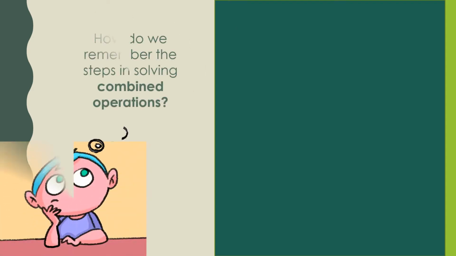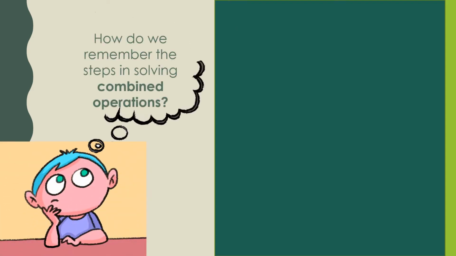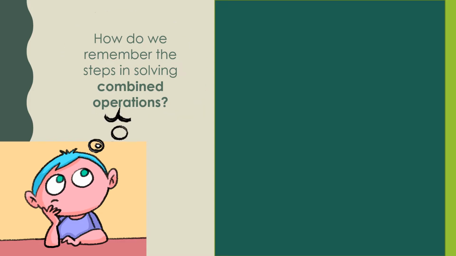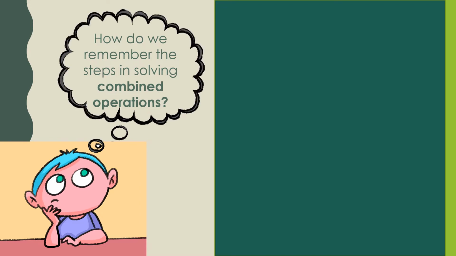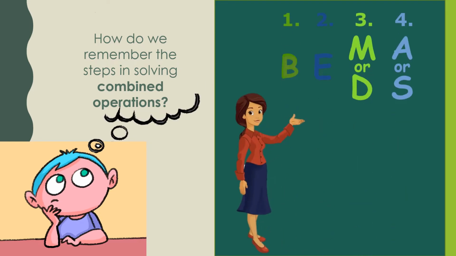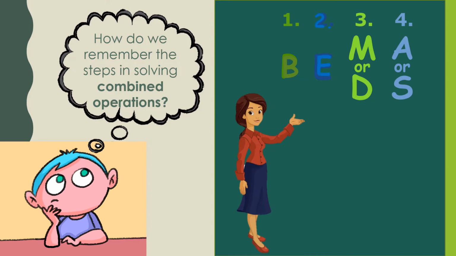Uh-oh! This little boy is having a hard time remembering the steps in solving combined operations. Let's make them easy to remember by representing a letter to each mathematical operation and grouping them into 4 levels. Level 1. P or B. Level 2.